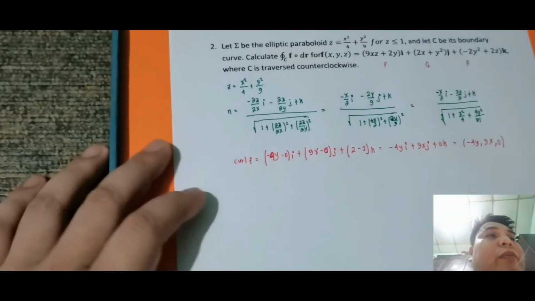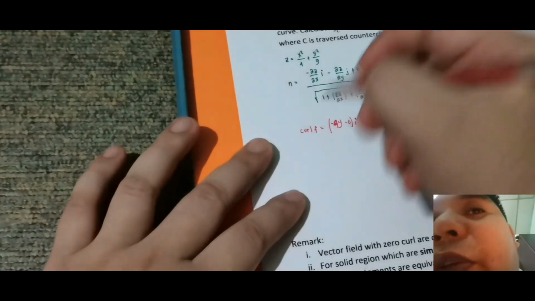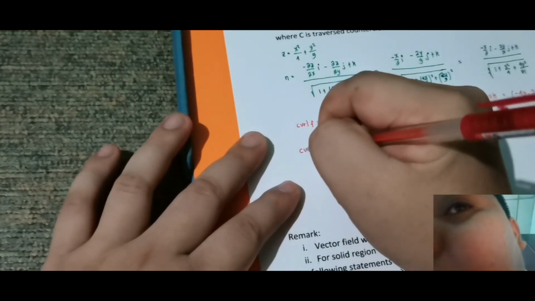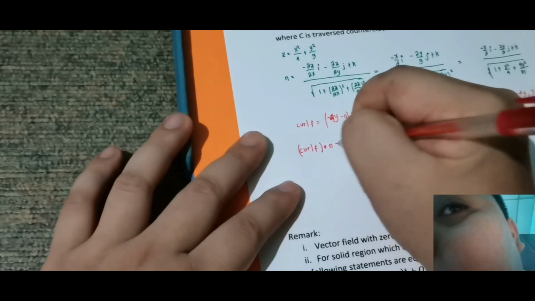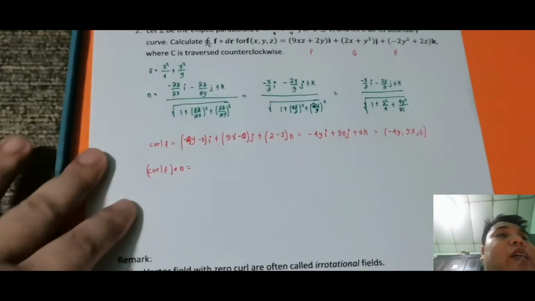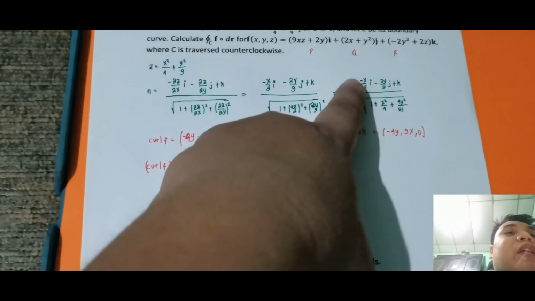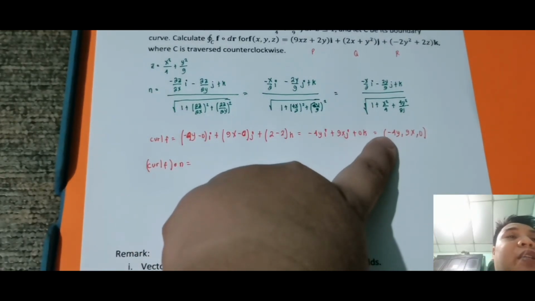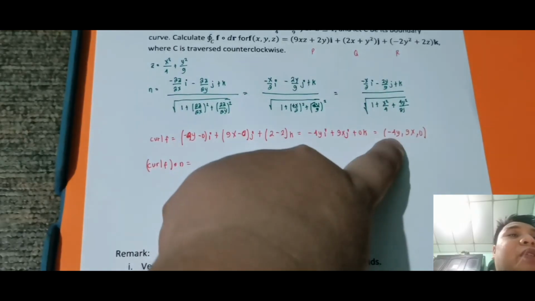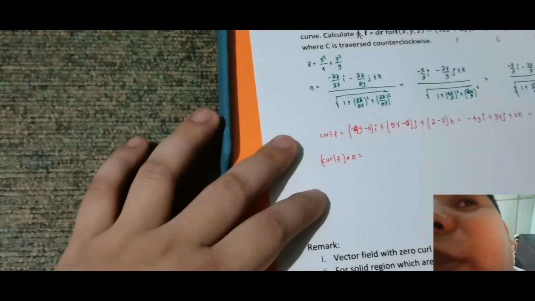So para mas mapadali yung ating magiging solution para sa curl of f, okay, dot product n. So pwedeng shortcut ko na lang din na okay lang. So nag-ihiwa-hiwalay. So negative x over 2 multiplied by negative 4y.